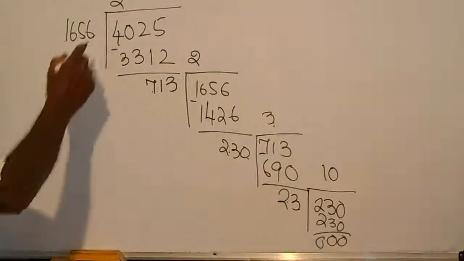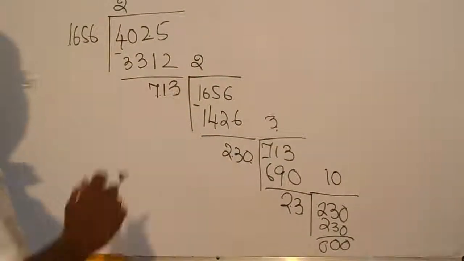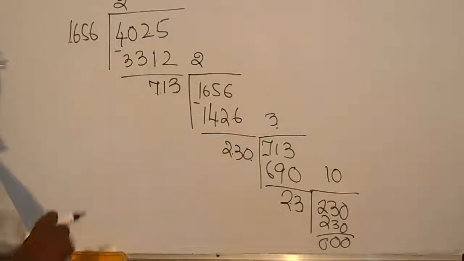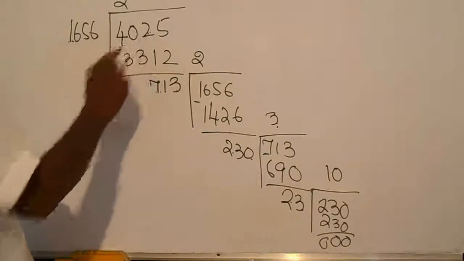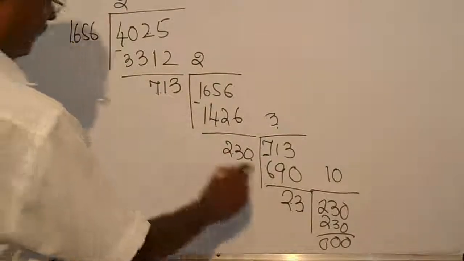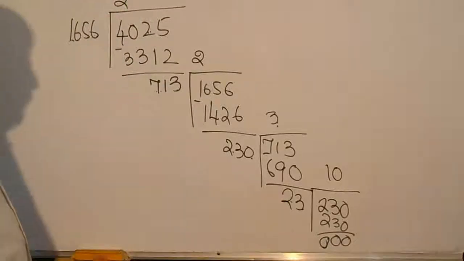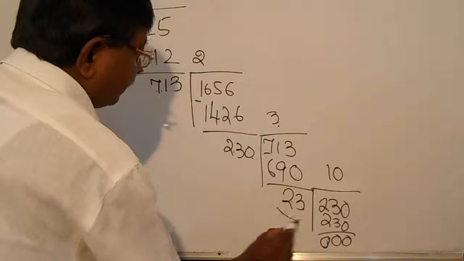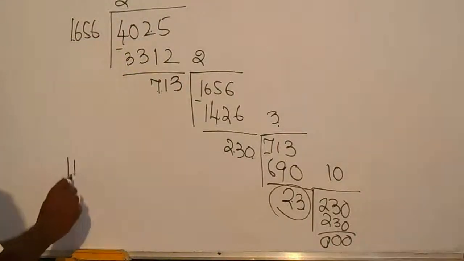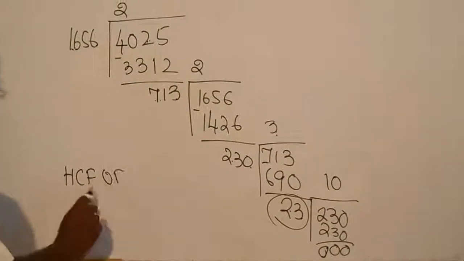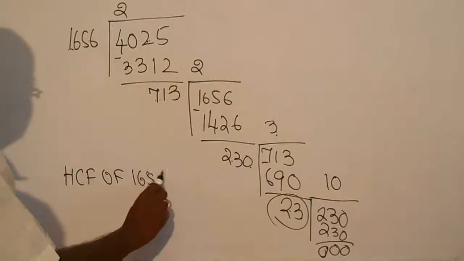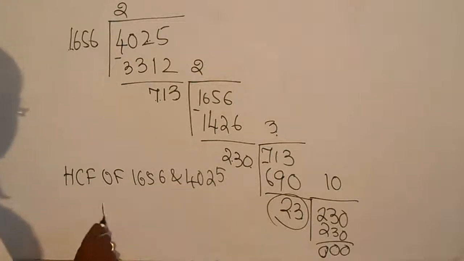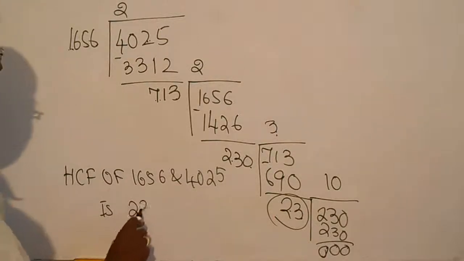So what we have to do is take the bigger number as B and the smaller number as A, then divide the bigger number by the smaller number, and keep on doing this until we get 0. Now, the HCF of 1656 and 4025 is 23.